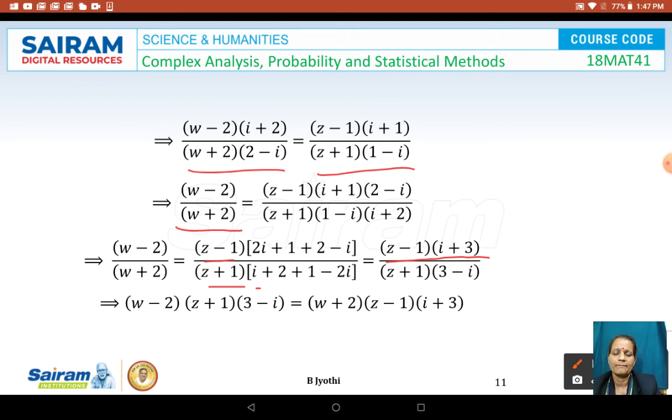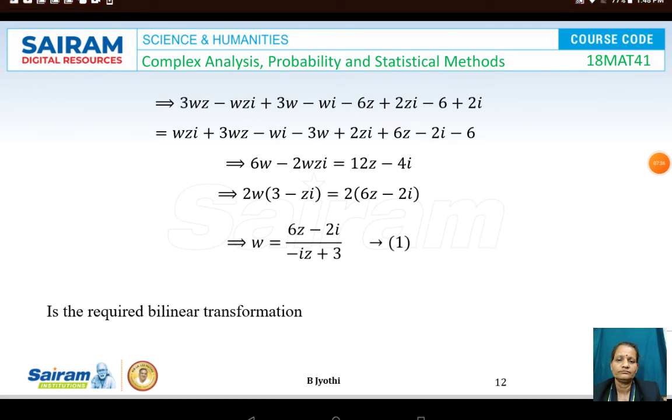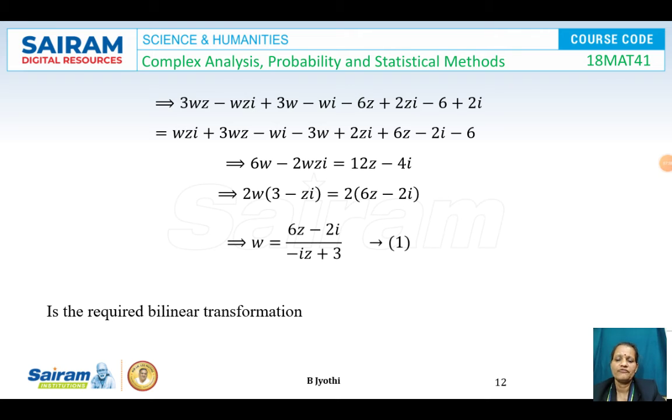Again, cross multiply: (W - 2)(Z + 1)(3 - i) = (W + 2)(Z - 1)(i + 3). Now, simplify this.